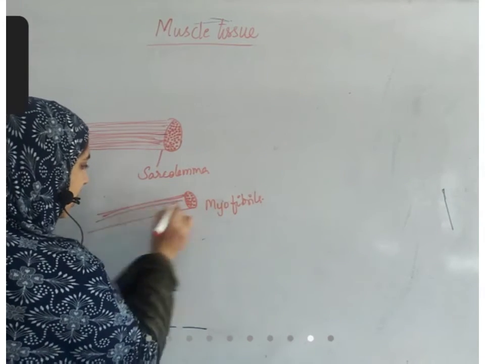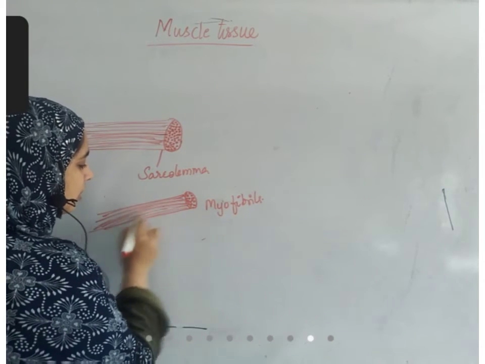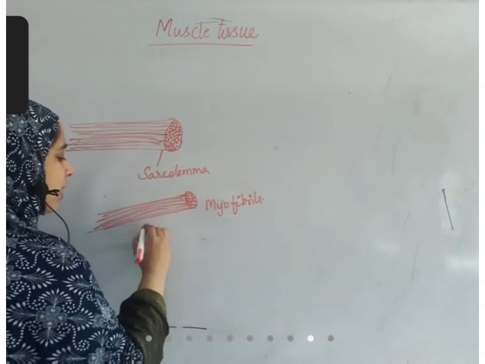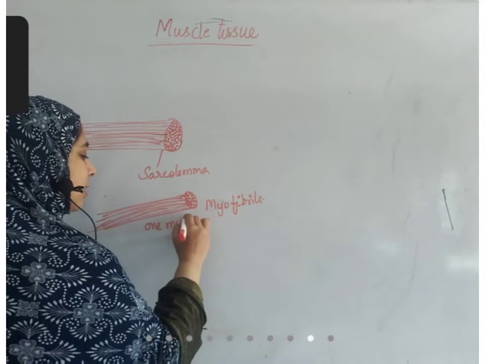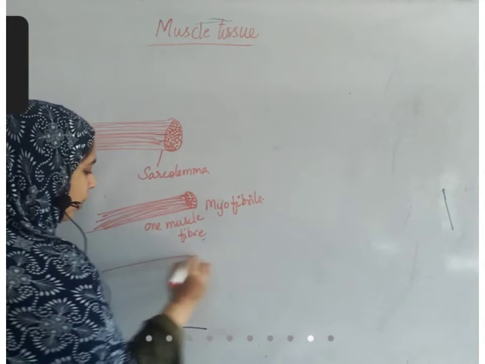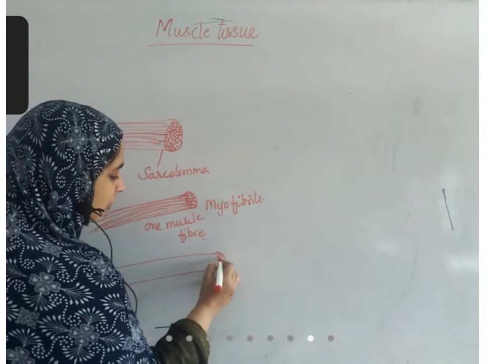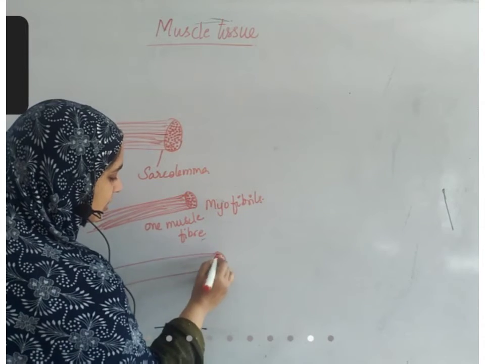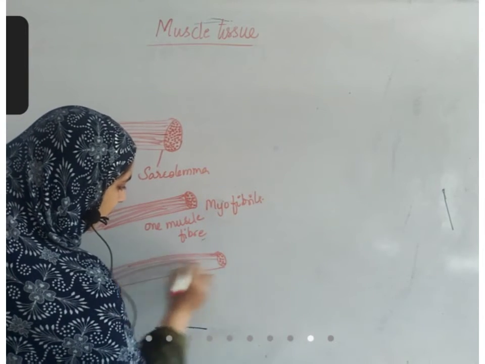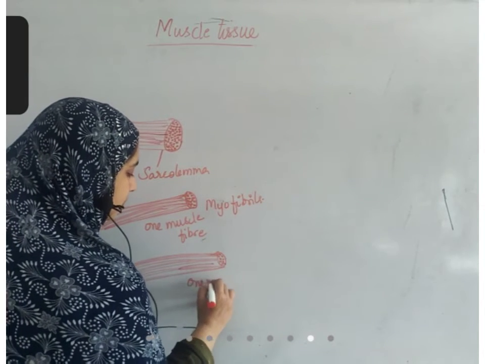So these all are myofibrils that come together to form one bundle. This total bundle is one muscle fiber. In the same way, if you take one myofibril, there are so many myofilaments in this. So this bundle of myofilaments will form one myofibril.